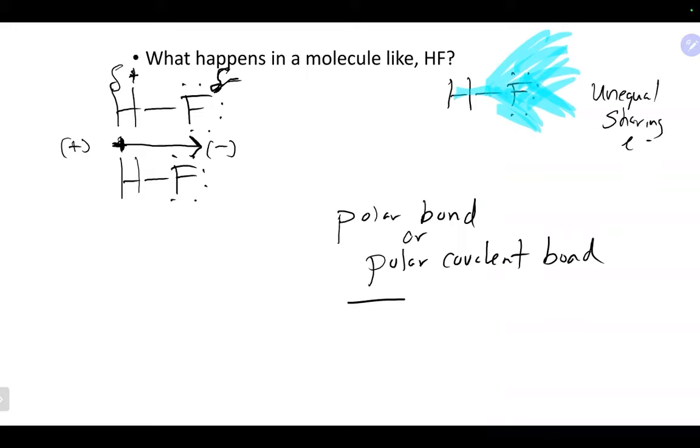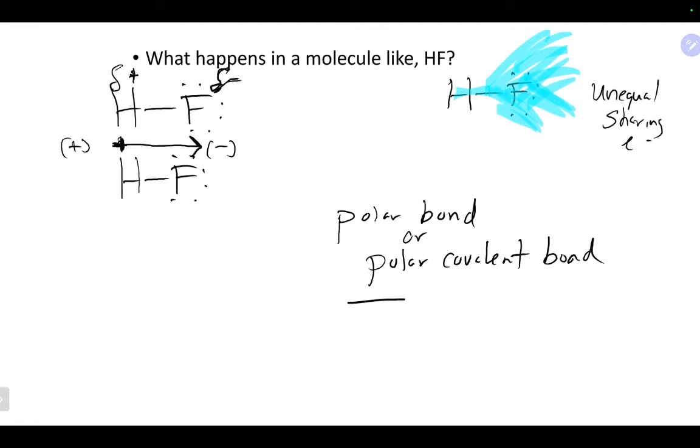Why is it only a partially positive charge and a partially negative charge? Why is it not a full positive charge and a full negative charge? In this case, they are still sharing. It may be unequal sharing, but there's some aspect of sharing where it's just barely hanging on, but it's still hanging on.